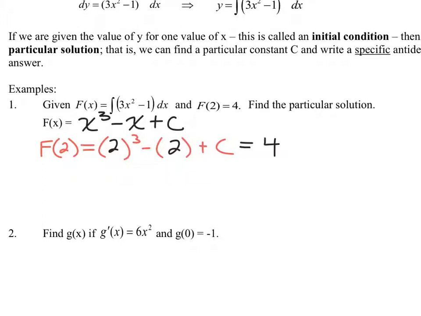All right, so this will give us 6 plus C equals 4. Therefore, C is equal to negative 2.